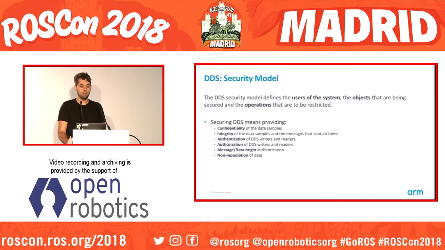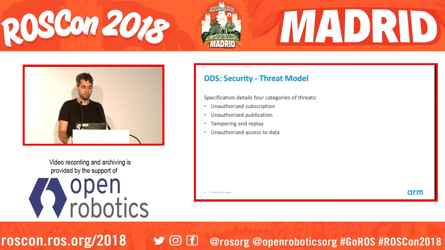Authorization, so after you have the nodes, you can say which node is allowed to do what in terms of publishing data or receiving data. Message data and origin, so again, it deals with authentication, so you know where the information you're receiving is coming from. And finally, non-repudiation of data, which means after a node has sent that information, it cannot lie about it. You cannot go back and say it hasn't.